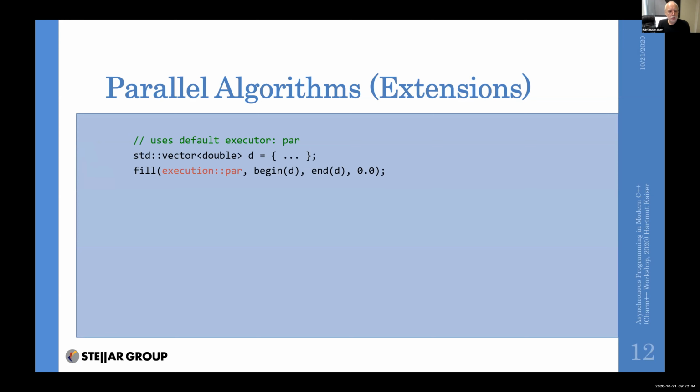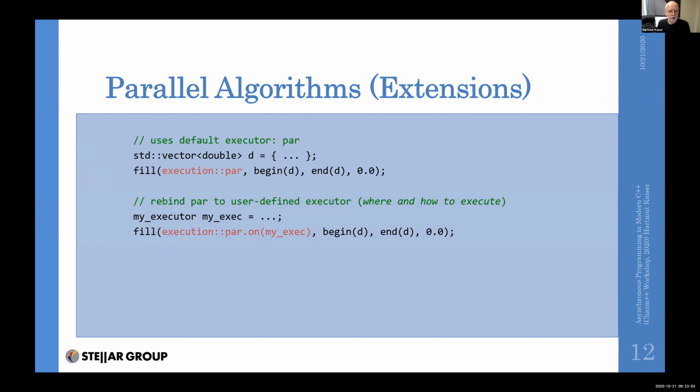So let's look at two more examples. This is the one I just showed you. Just fill the vector with zeros. That doesn't give you much control over where things run and how things are being scheduled. It just tells the system, hey, you parallelize that in any way you like. I don't care as long as it runs faster than before. In HPX, aligned with ongoing standardization efforts, we have added additional customization possibilities to that parallelization scheme.